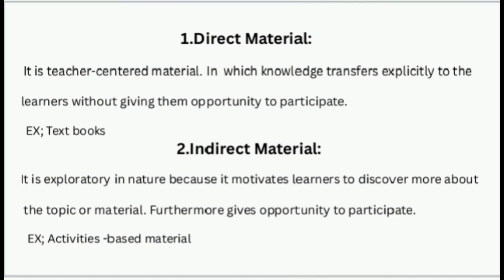A teacher-centered classroom is a traditional classroom. That means in a teacher-centered classroom, the only source of knowledge is the teacher. Students are just receiving the knowledge. They are not participating or generating their own ideas. So basically, direct material is the material used by a traditional teacher in a teacher-centered classroom.